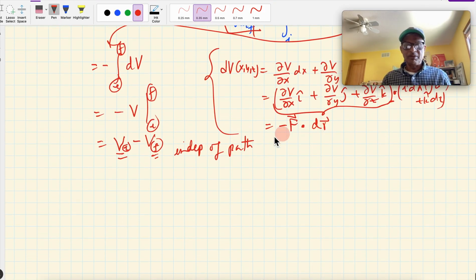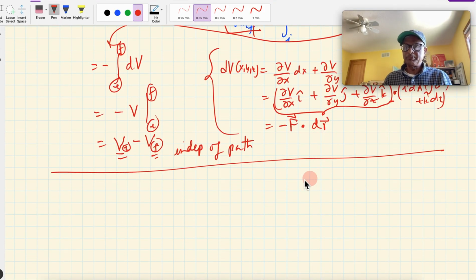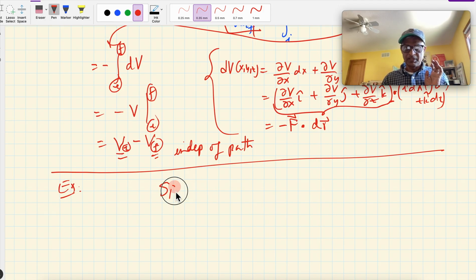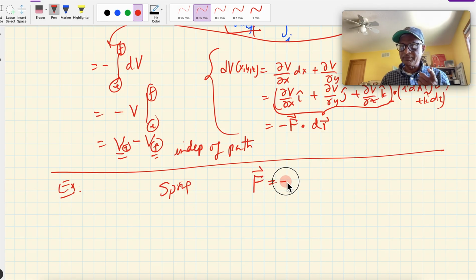So for an example, gravity, or a spring force. A spring force will be path independent, right? So let's look at the spring force, minus i hat kx, just along the x-axis.